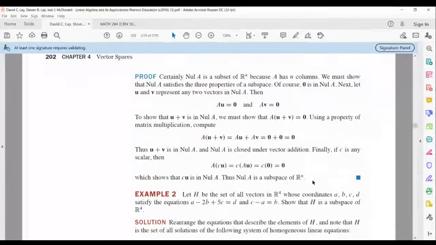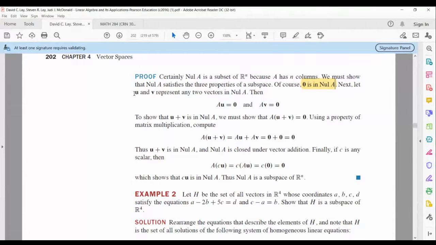In the proof we have to verify the 3 conditions. If we're going to prove that the null space of the matrix A is a subspace, then we have to prove the three conditions for a space to be a subspace. First of all, the zero vector is automatically in the null space of A. Remember, for a subspace, the first condition is that the zero vector is in your space, and the zero vector is.